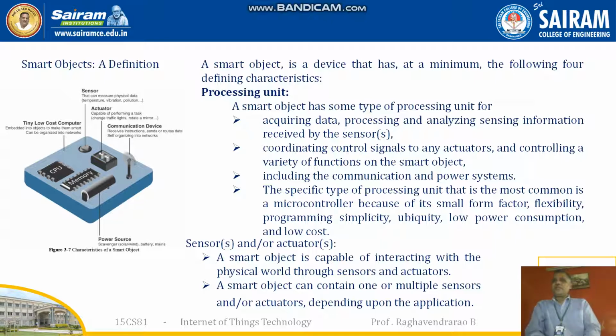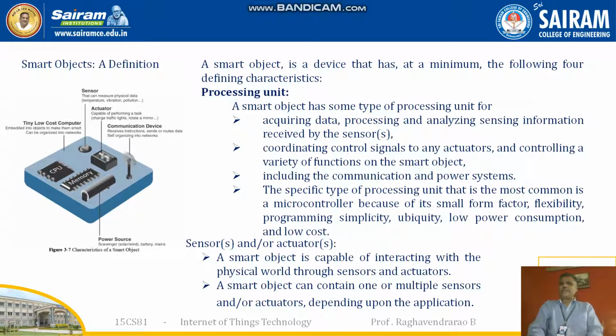A smart object is capable of interacting with the physical world through sensors and actuators. Again, it says that a smart object can contain one or more, that is multiple, sensors and actuators, depending upon the application. Maybe one, maybe two.